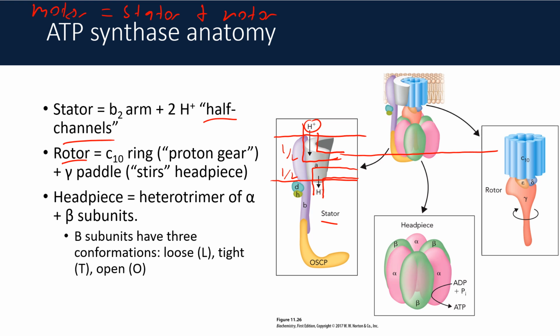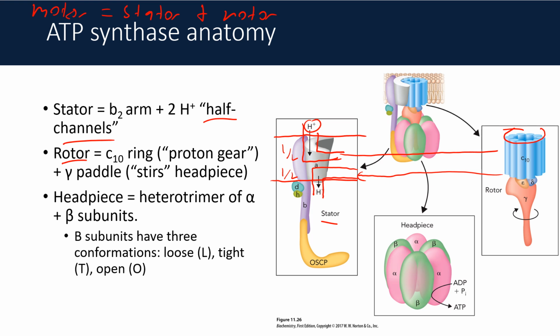The proton will dock one of those C10 units and induce a conformational change that's going to prompt it to rotate over 1/10 of the way around the carousel, so to speak. So 10 protons are going to flow through, and that's going to induce stepwise rotation of this rotor domain. And once that proton completes a circuit, it's going to get dropped off to the bottom half channel, where it will diffuse out into the matrix.